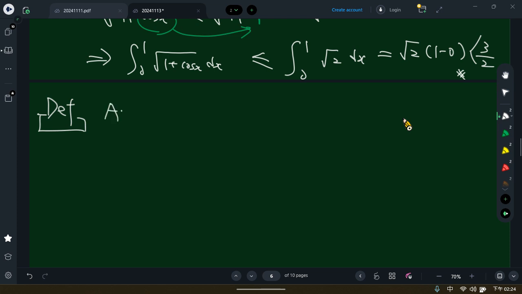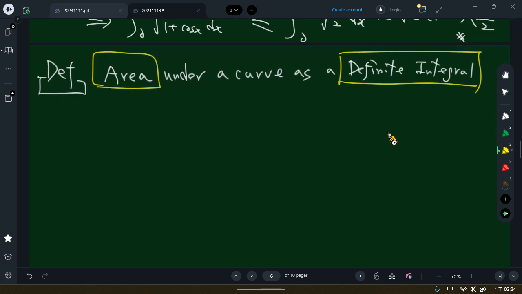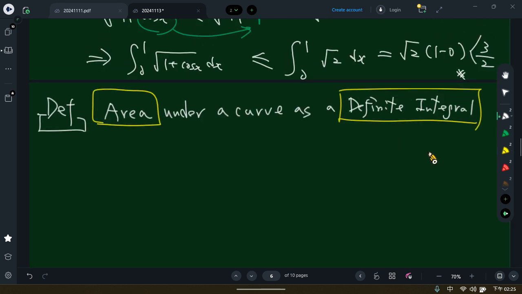So when we just talk about area under a curve, which is defined by some function, as a definite integral, that will be different. So you can see area and definite integral are different, but in some cases they are the same.